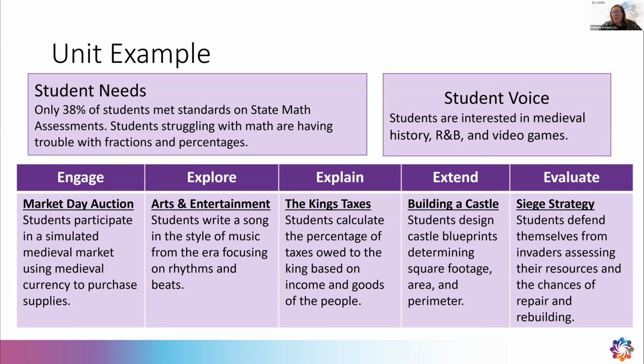And does it have to actually be medieval currency? Not necessarily. You could use monopoly money, but the idea is that they are looking at the money that they do have and figuring out how much they've spent and looking at those, thinking about cents, right, and the decimals.